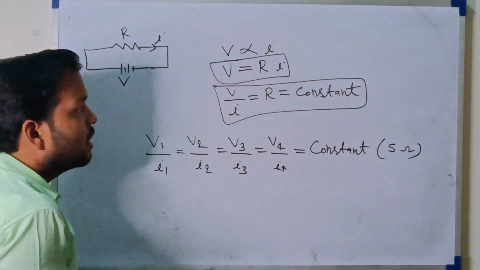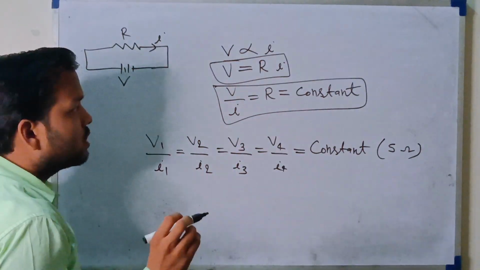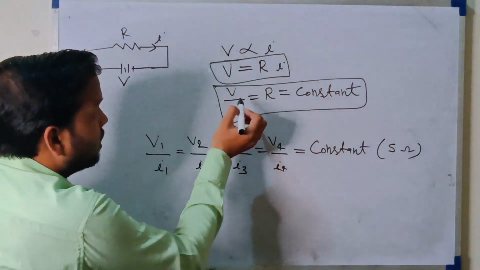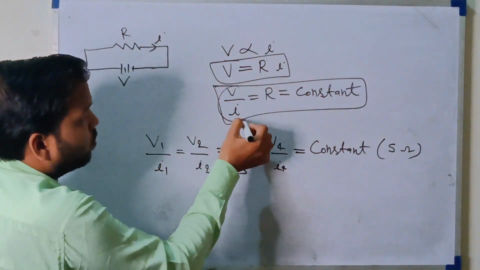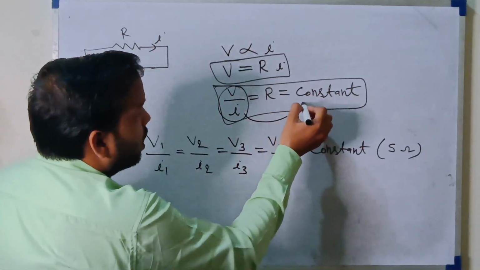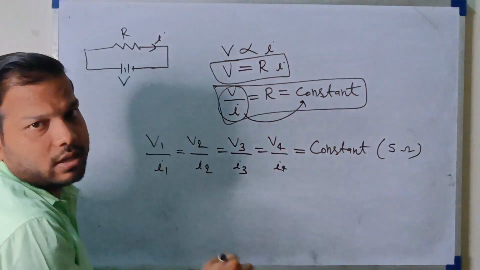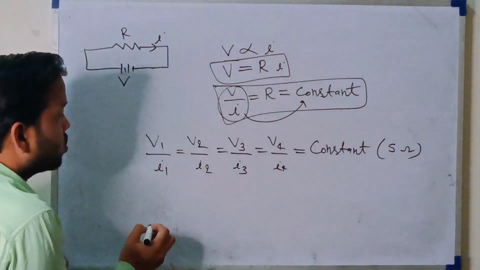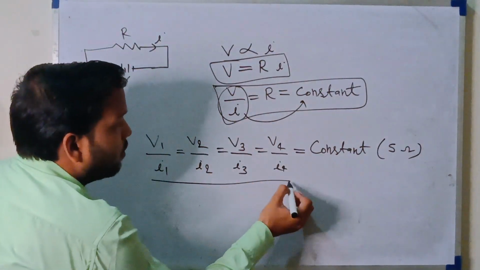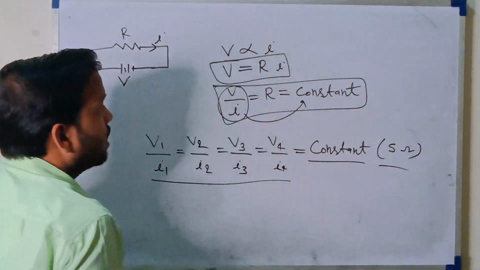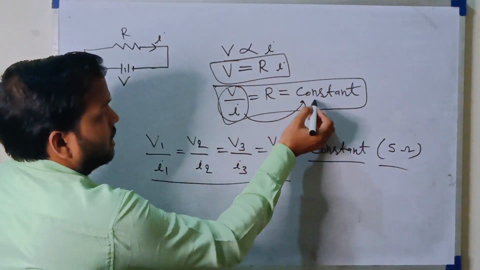It means whenever you choose a value of V and the corresponding value of I, their ratio will always be equal to a constant like 5 ohm, 6 ohm, 7 ohm, and so on. So these ratios will be equal to a fixed constant, and that's why we use a constant here.